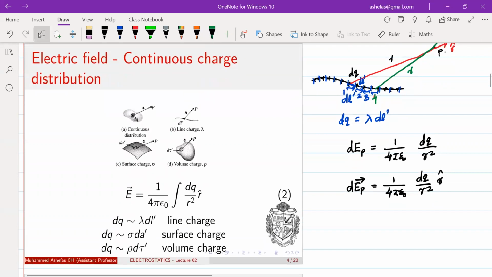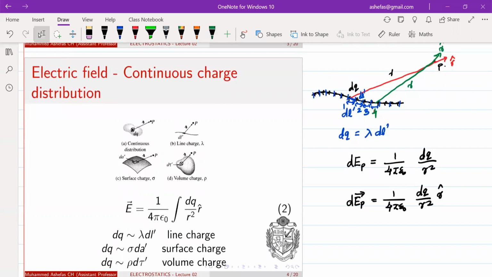So in general we can find the electric field produced by each infinitesimal line charge, and in principle, if you add the electric fields produced by all the small infinitesimal line charges, we get the total electric field at point P.